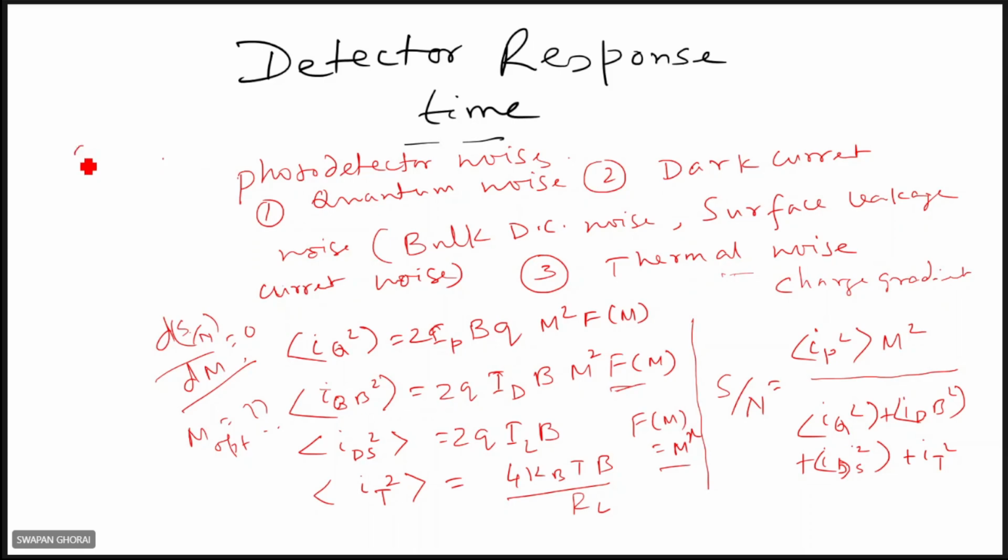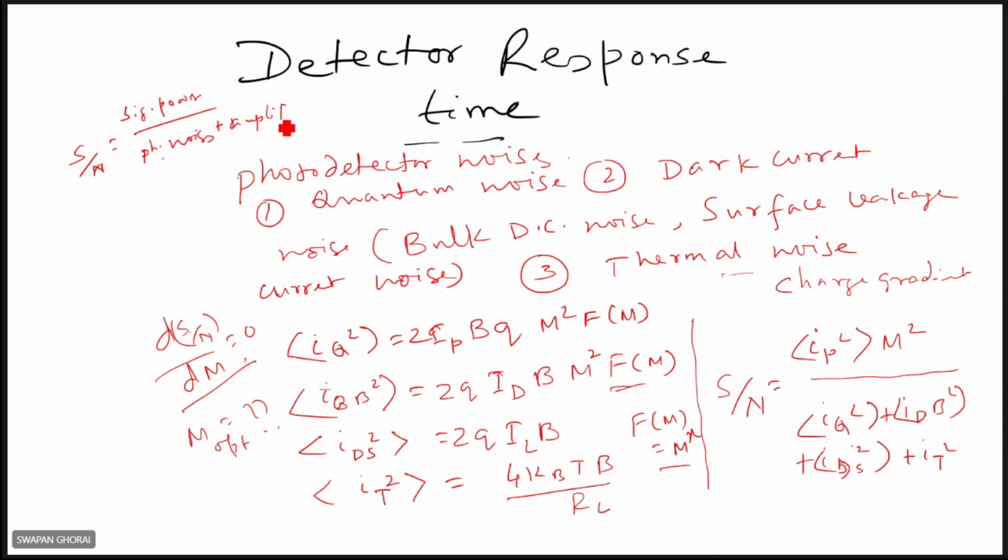So last time we saw that the signal to noise ratio is the signal power from the photocurrent divided by the photodetector noises plus amplifier noises. Because the photodetector current is very small, you have to amplify, but amplification involves some noise, which must be considered.